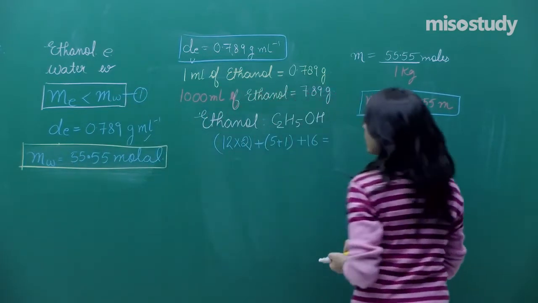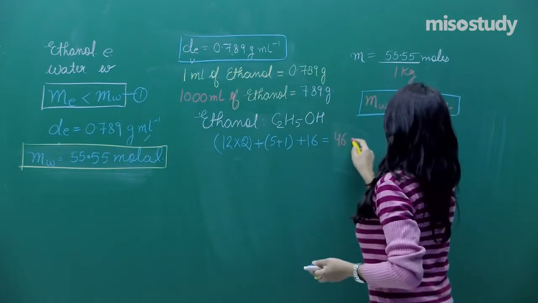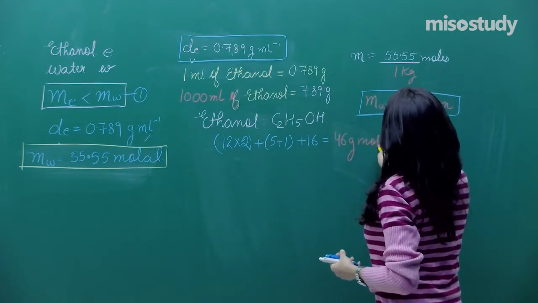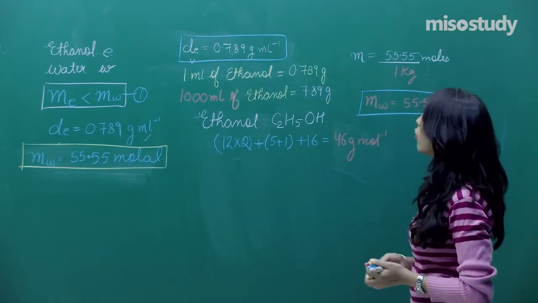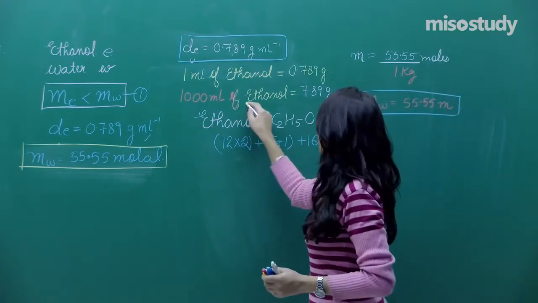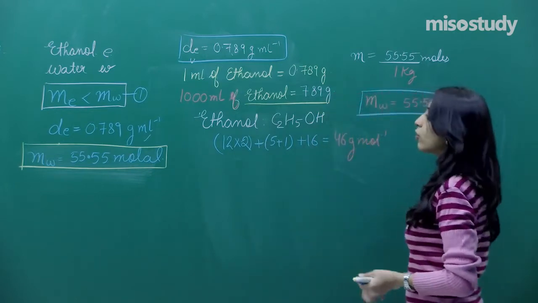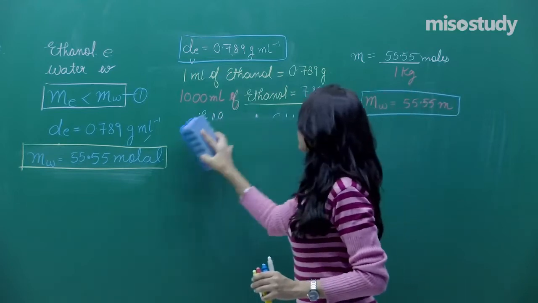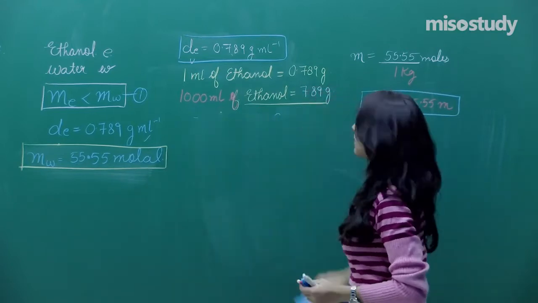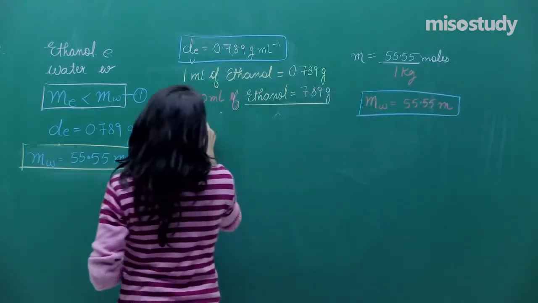And if you solve it, the answer comes out to be 46 grams per mole. Clear? Okay. So now can I simply find out how many moles of ethanol will be there in 789 grams?